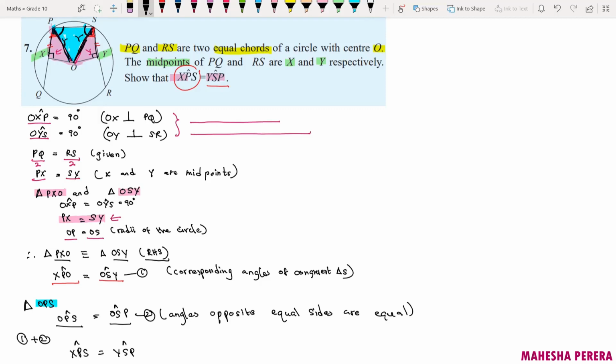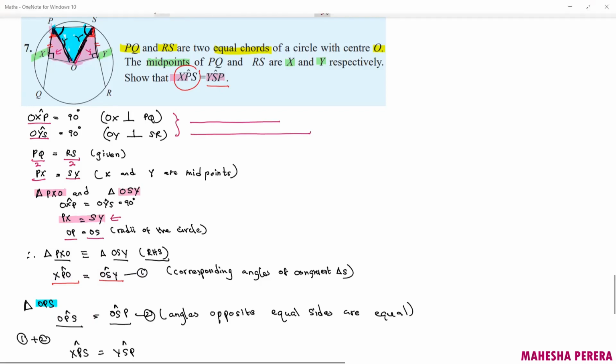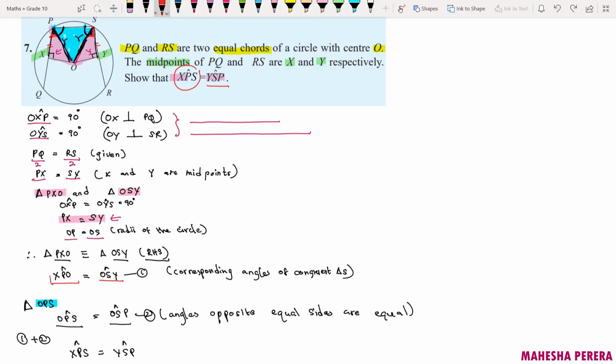Then when you add the first equation and the second equation, what do you get? If you add the left side of these two equations, that means if you add XPO and OPS, this red color angle and this black color angle, you get this full angle, which is XPS.